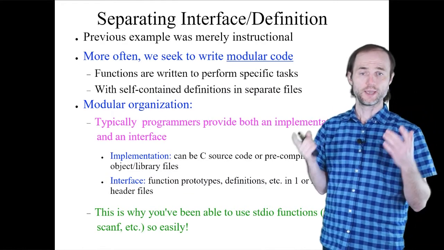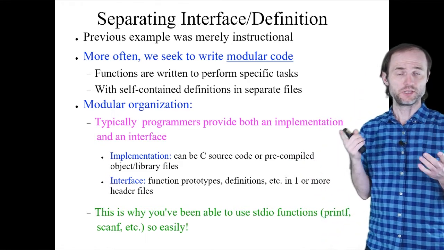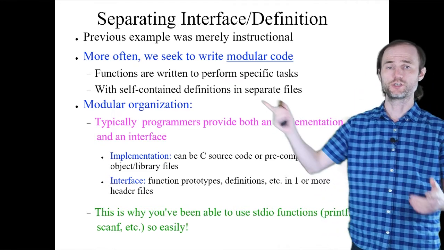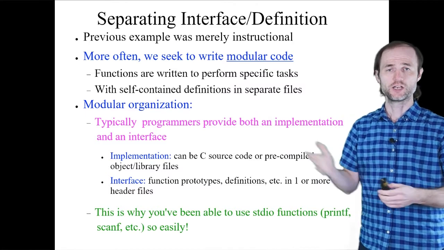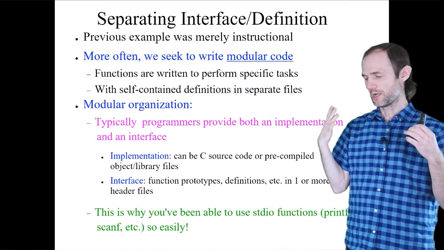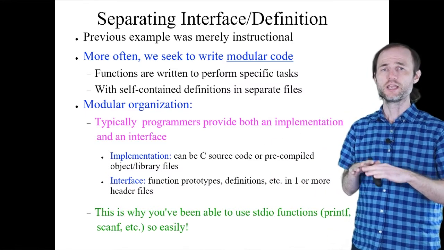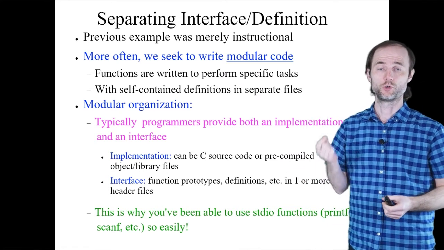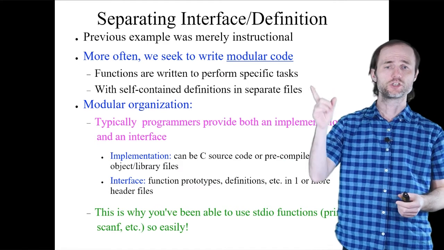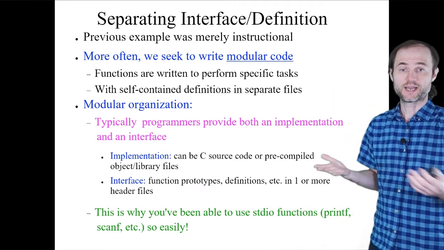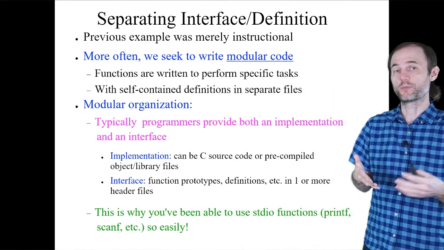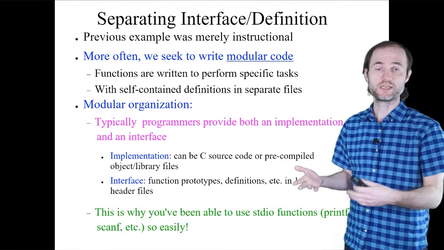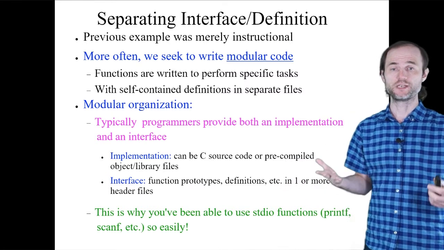And you can separate the interface and the definition of the function, or declaration and definition of the function, just like we described. But oftentimes they're separated even more so. That allows you to make your code modular. A function is typically written to perform a task that you can replicate or use in many contexts, can call from many files.